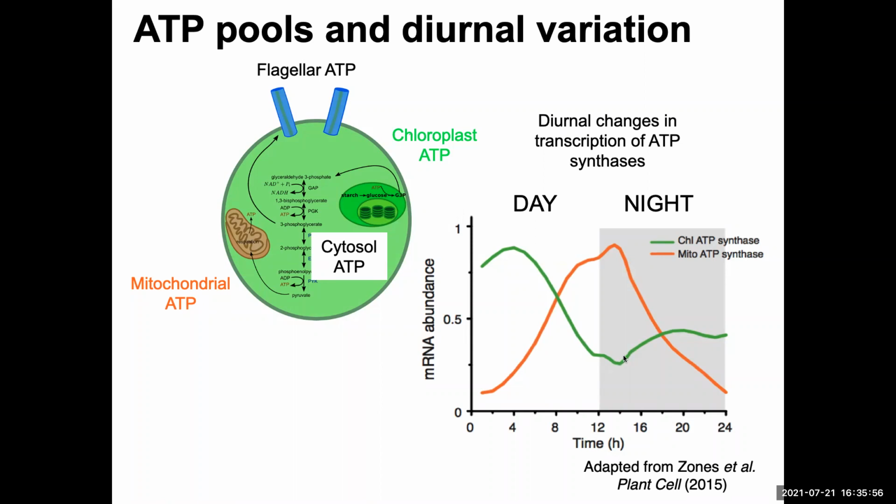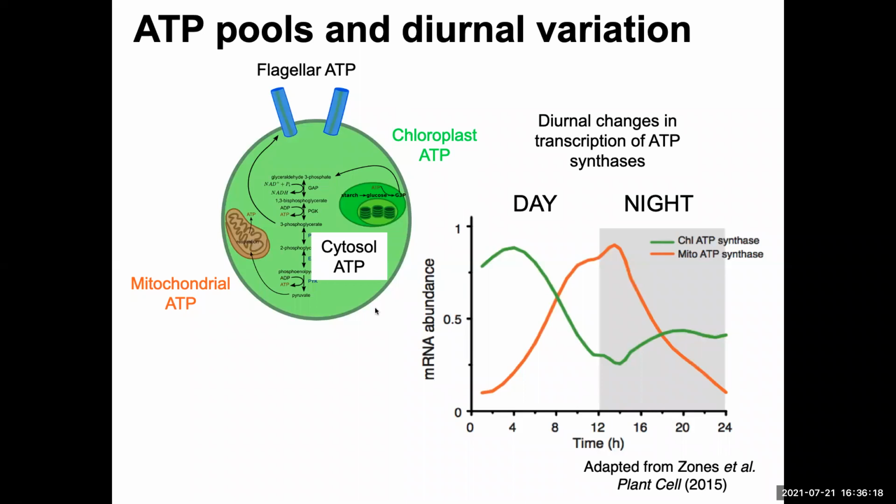This is just to say that when the cell is not doing photosynthesis, then the chloroplast ATP is not going to be available. But during the night, the cell does respiration, and there is mitochondrial ATP.